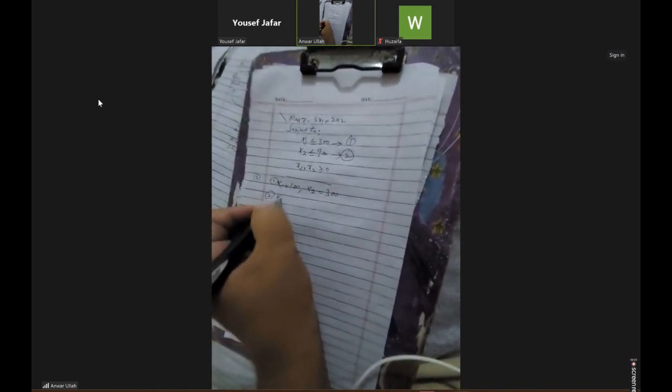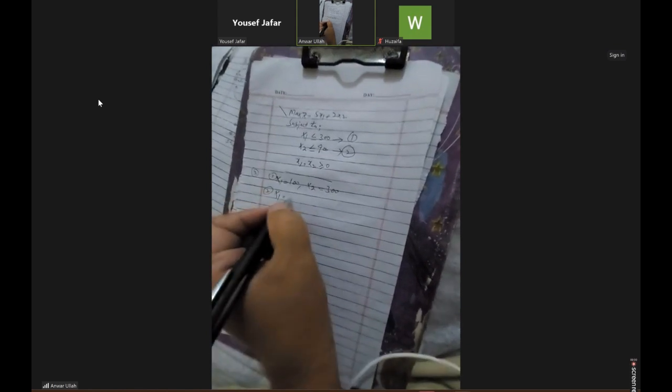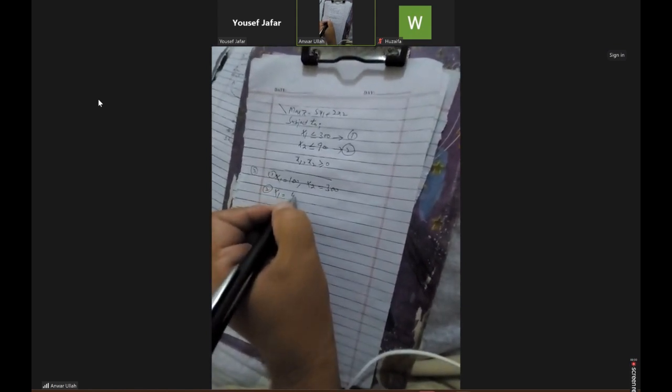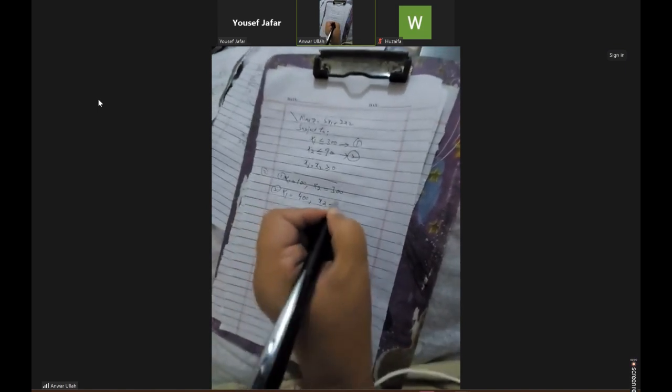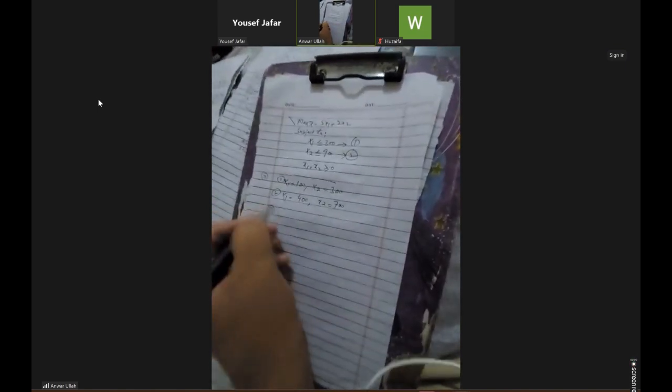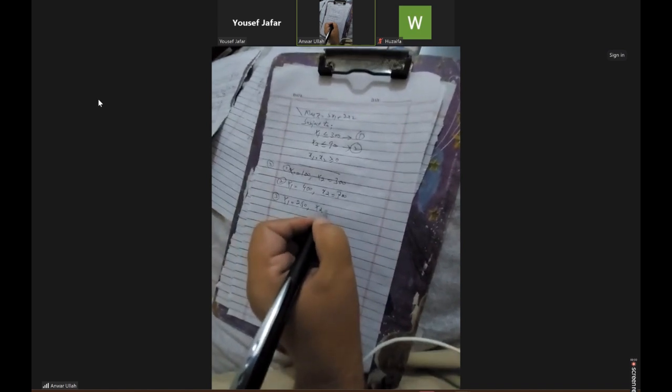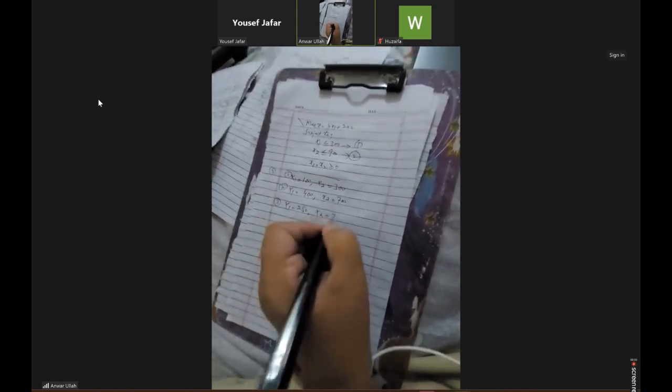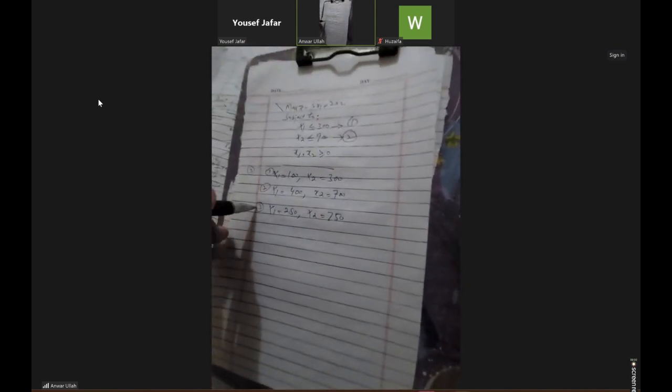The second option is x1 equal to 400 and x2 equal to 700. The third option is x1 equal to 250 while x2 equal to 750. Now we will use these three options to understand what is feasible among these and what is optimal among these.